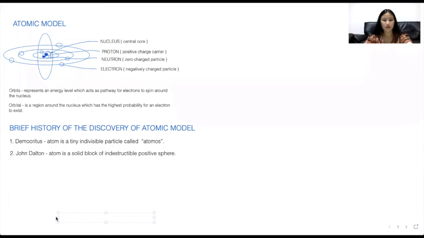So for the third person, we have Joseph John Thomson. Joseph John Thomson is the person behind the discovery of the electron using the cathode ray tube experiment.